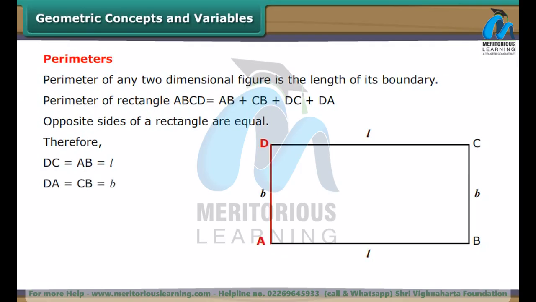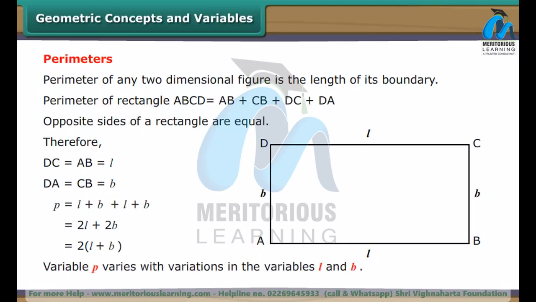DA is equal to CB is equal to B for breadth. If perimeter is represented by the variable P, then P is equal to L plus B plus L plus B is equal to 2L plus 2B is equal to 2 bracket starts L plus B bracket closes. Variable P varies with variations in the variables L and B.